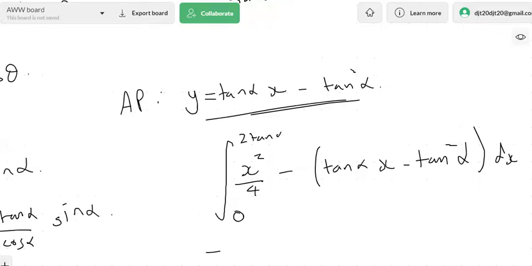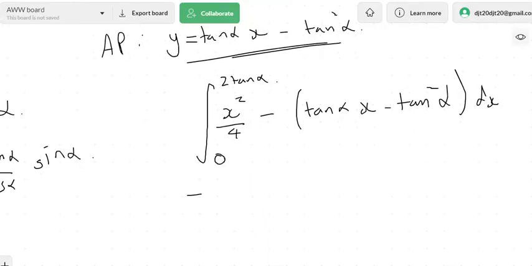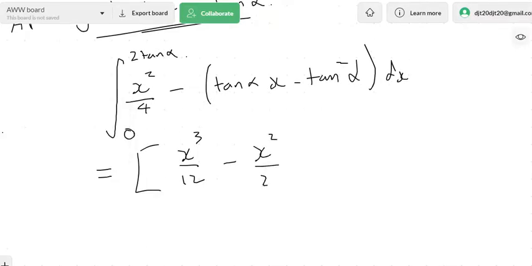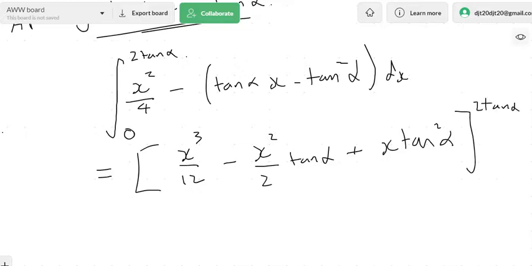2 tan alpha. So now if we set this equal to square bracket, x cubed over 12 minus x squared over 2 tan alpha, plus, because it's minus and minus, x tan squared alpha, between 2 tan alpha and 0.